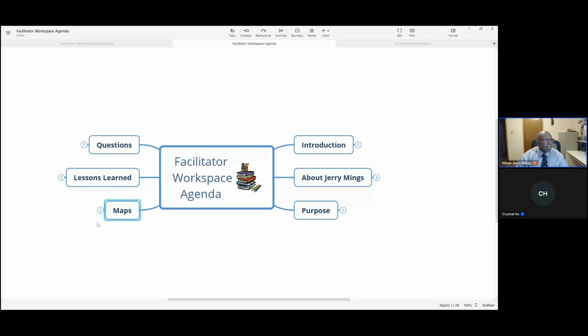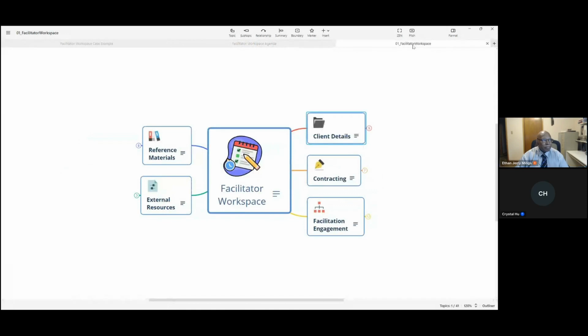So let's take a moment and talk about this workspace. The facilitator's workspace is really divided into 5 areas. One is the client details, which is working with the client to figure out what they need. The other area is contracting, which is making a formal arrangement with the client to engage in the facilitation work.